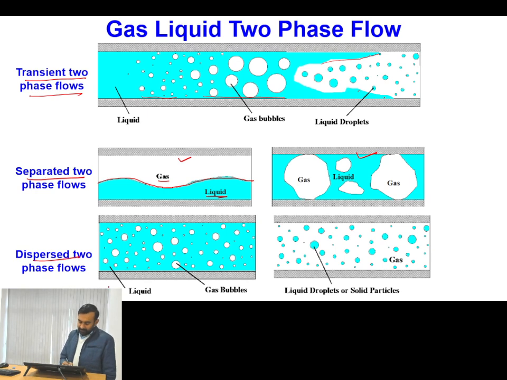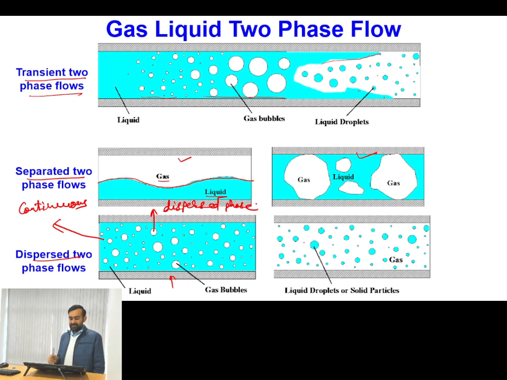Okay, and in terms of this type of arrangement, in the first arrangement you can see liquid, and in the liquid we have small gas bubbles present. The substance which is present in the majority of the system is called the continuous phase, and the one which is distributed in the other is called the dispersed phase.